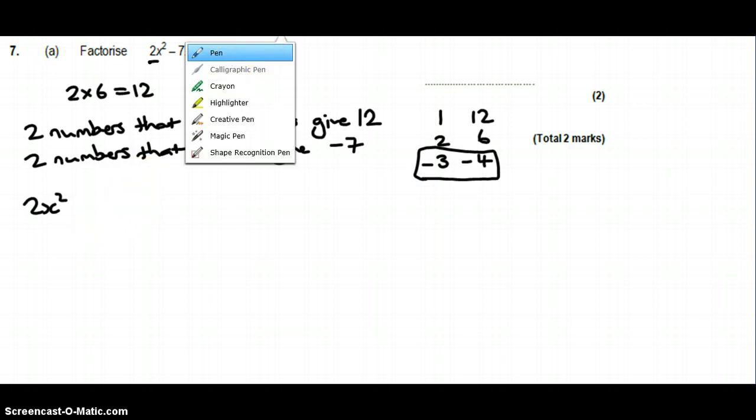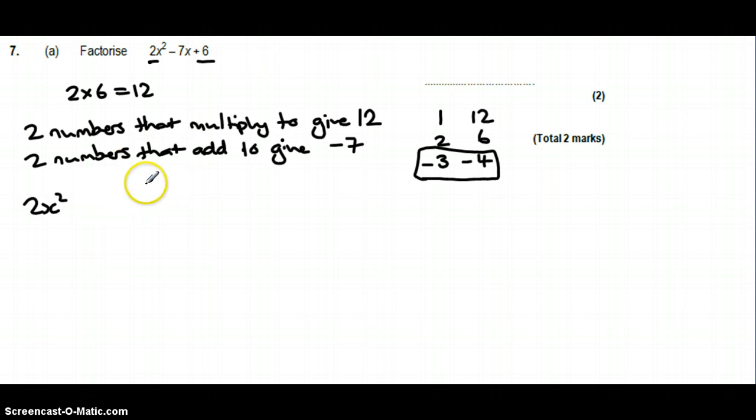Now if I were to just put them in like that, the problem will come that I can't factorise, this doesn't factorise quite as nicely as this does, because 4 and 2 both have a factor of 2, whereas 2 and 3 don't have a common factor other than 1.